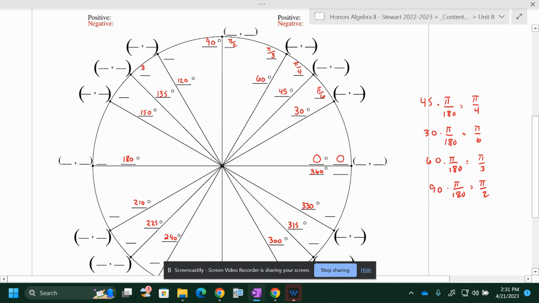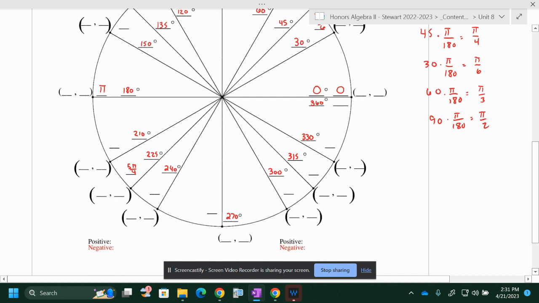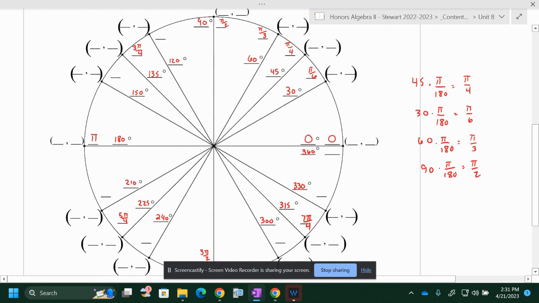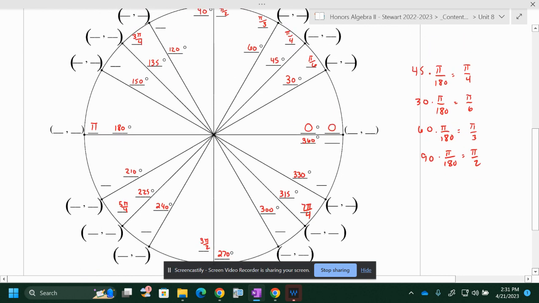So this is 3 pi over 4. Then down here, this would be 4 pi over 4, which is pi. Then 5 pi over 4, 6 pi over 4, which is 3 pi over 2, and then 7 pi over 4. And that's all of my pi over 4s.